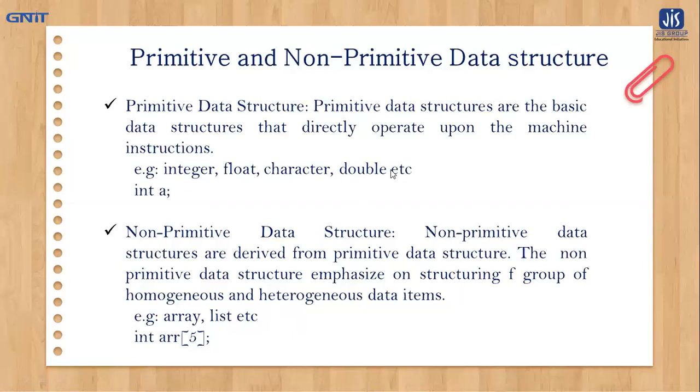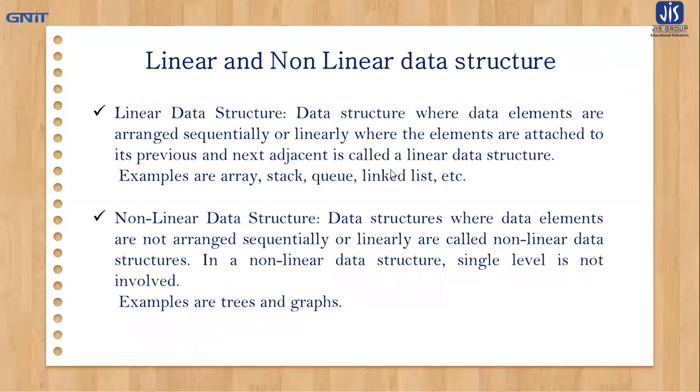Okay, so next is linear and non-linear data structure. Now, these two classifications are under non-primitive data structure, which means we have to derive these data types from the primitive data structure.